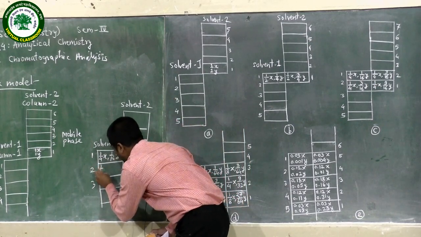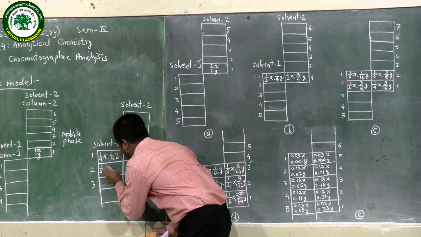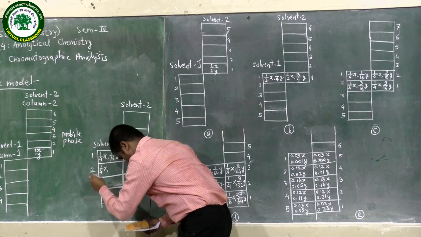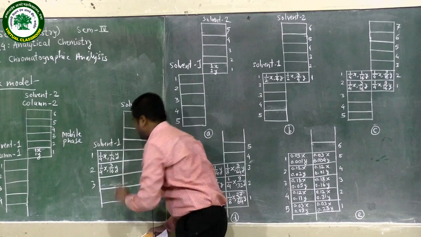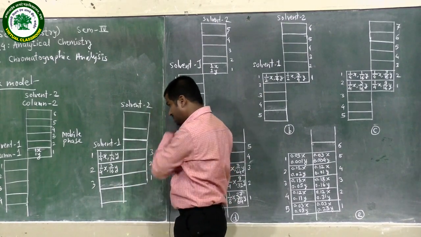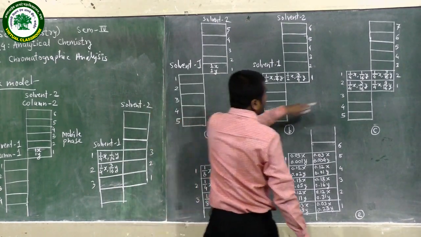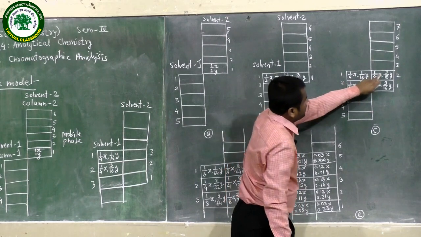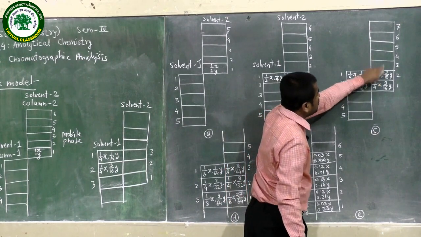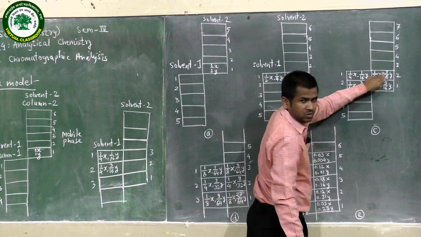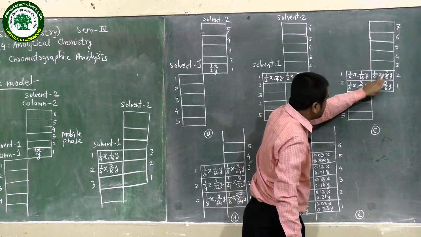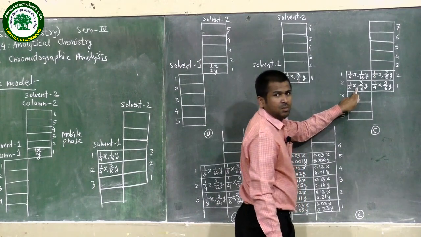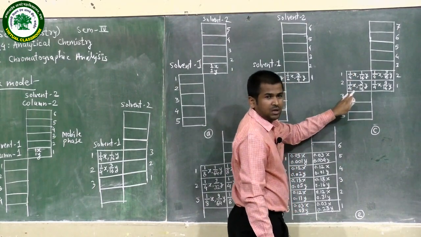Now here we have 1 by 4x and 3 by 16y. Here box 2 of column 2, solvent 2, comes in front. When we push down, it comes in front of this box 2 of solvent 1.